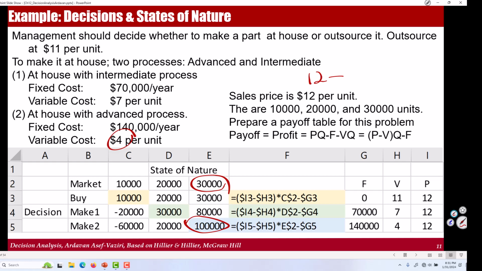Variable cost is 4, so 12 minus 4 is 8, times 30,000, which is 240,000, minus fixed cost, which is 140,000, it is 100,000. So that is how we compute the payoff table.